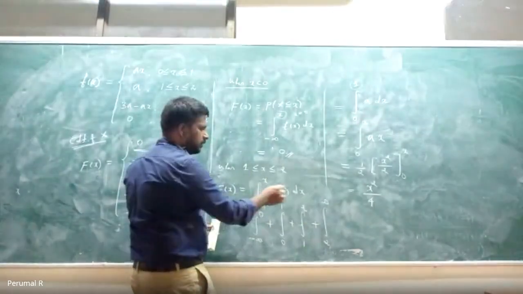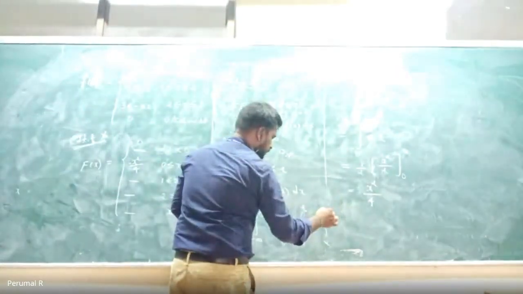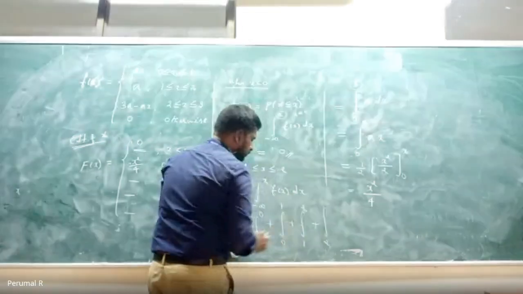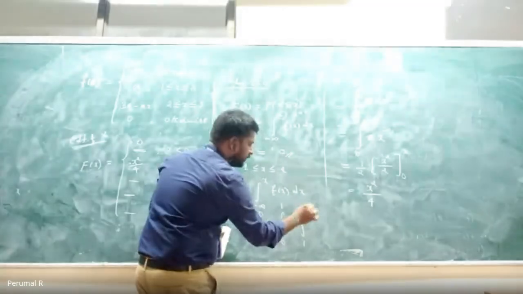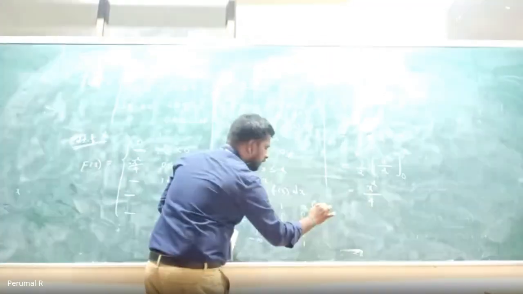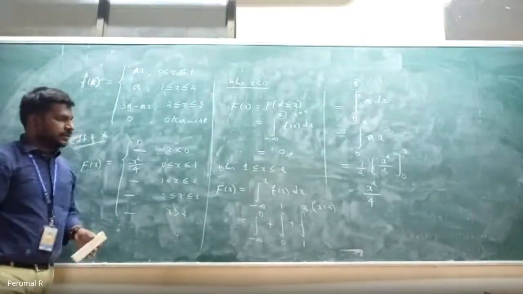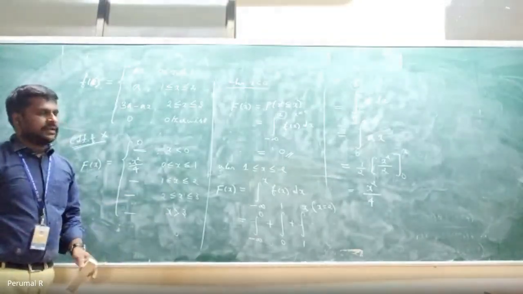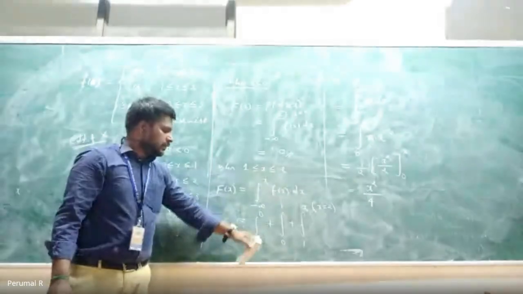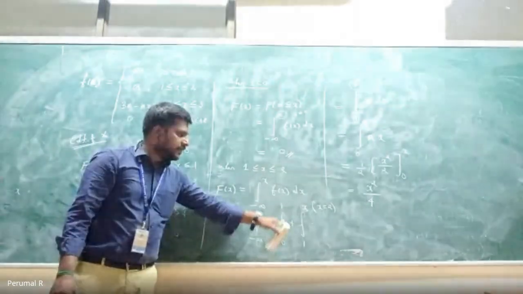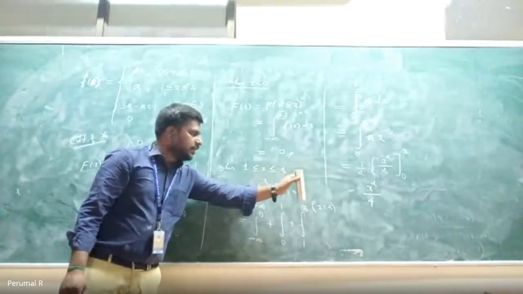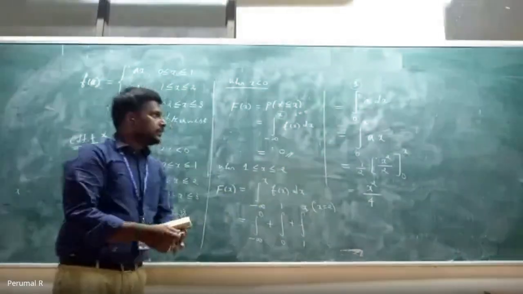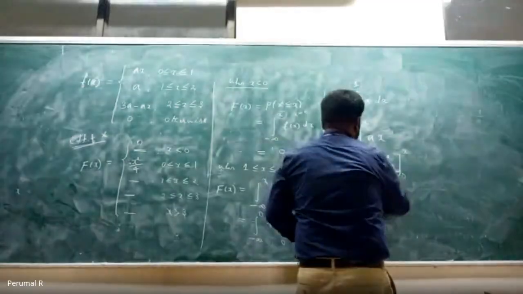Your X value goes up to 2, so the upper limit is X equal to 2. One by one you have to find that.